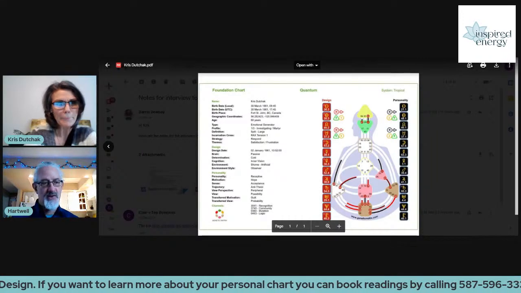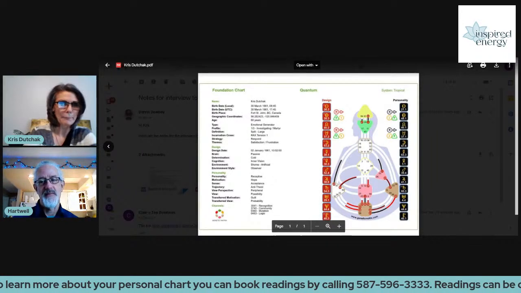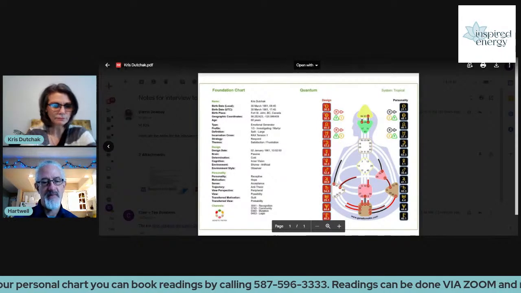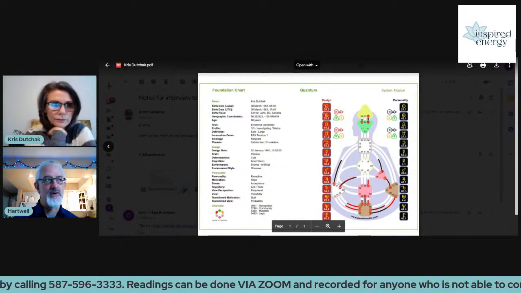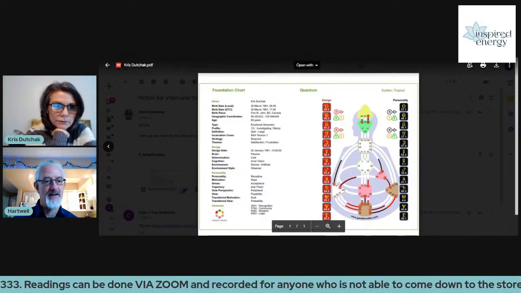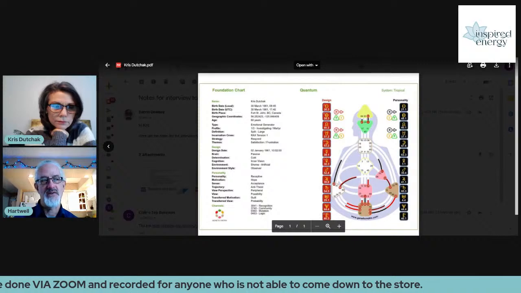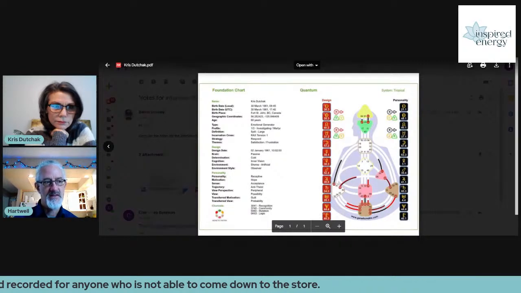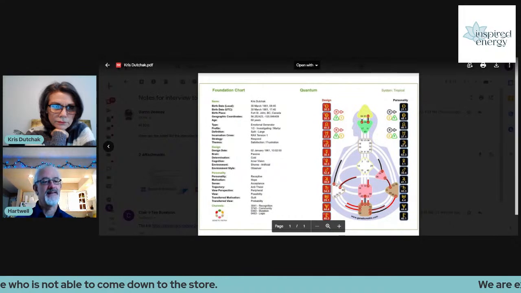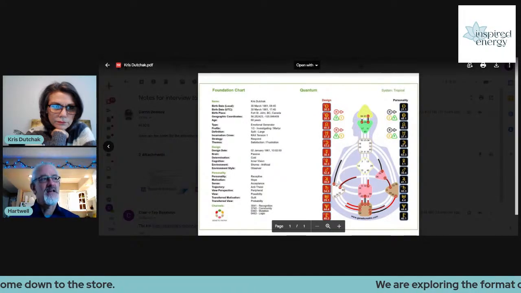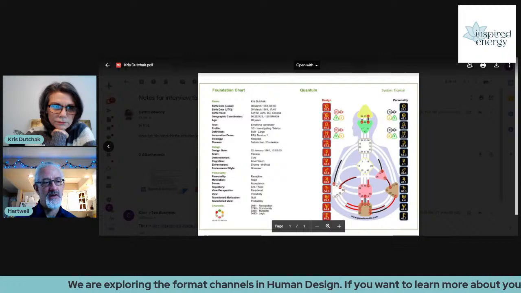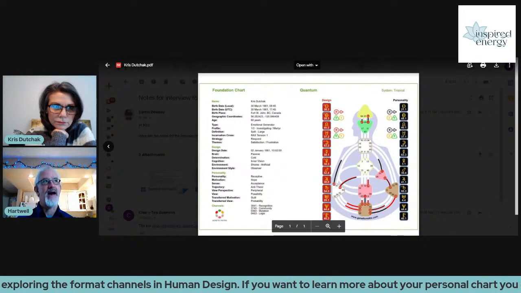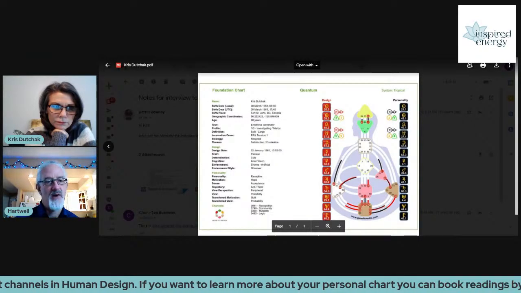Well, they are the three channels that run from the root, which is the bottommost center. They run from the root, which is the center of pressure and drive in life, and they go to the sacral center, which is the center of the life force and vitality. Because the pressure center of the root is all about our drive, about our evolution, and about moving forward in life, it's empowering the life force.